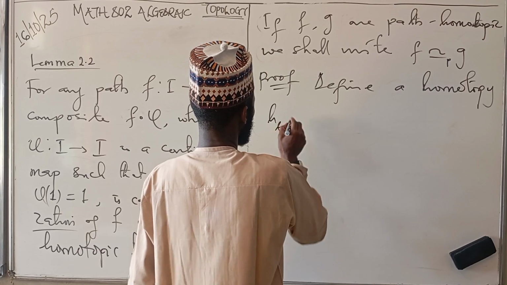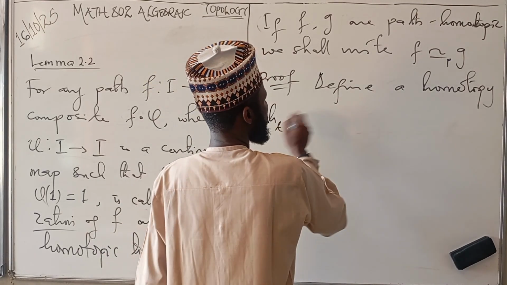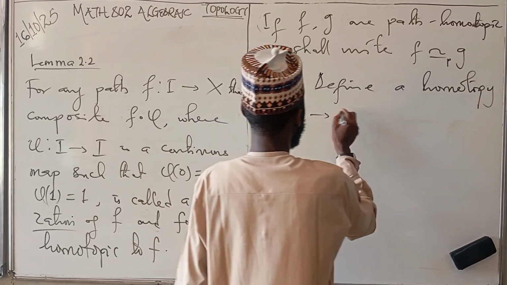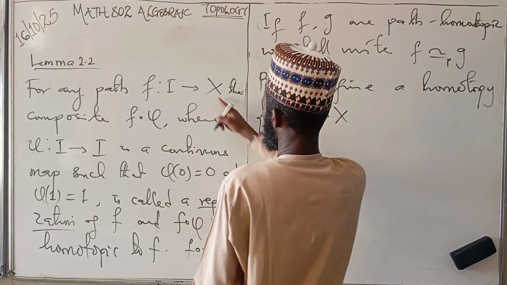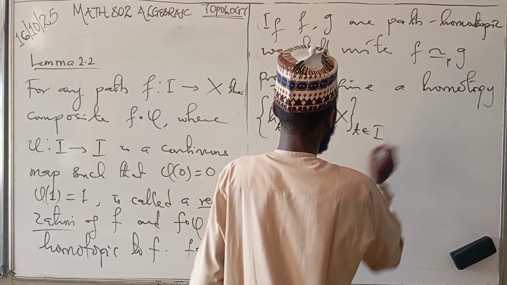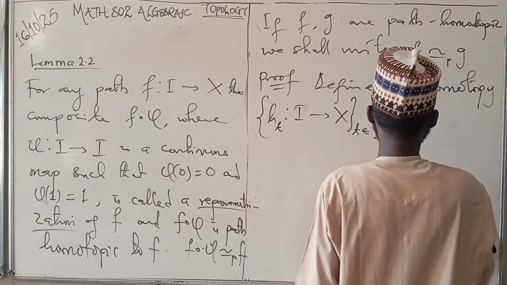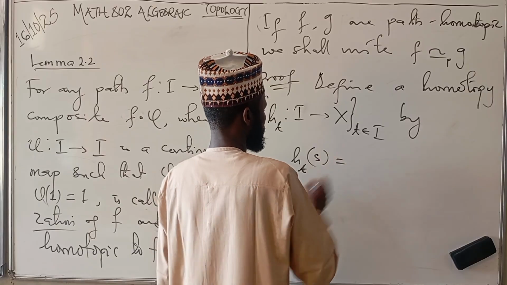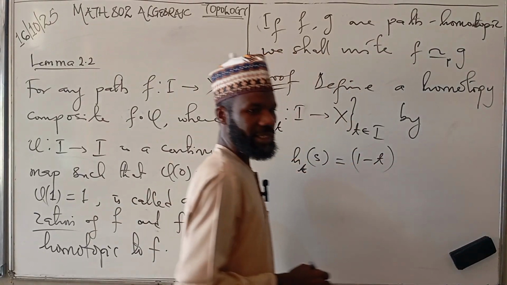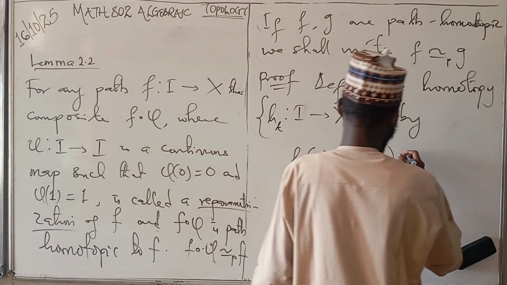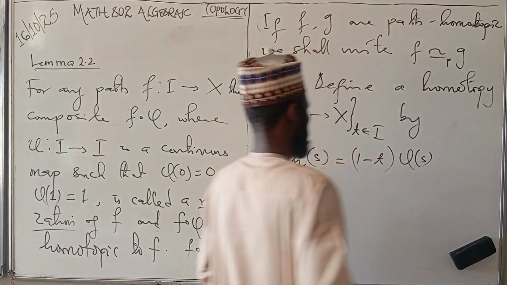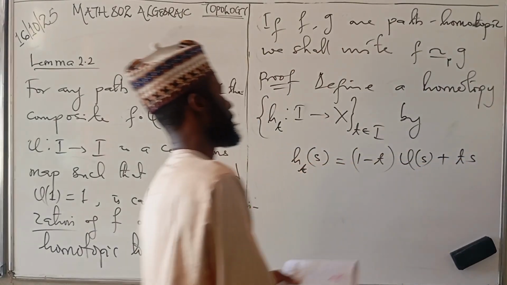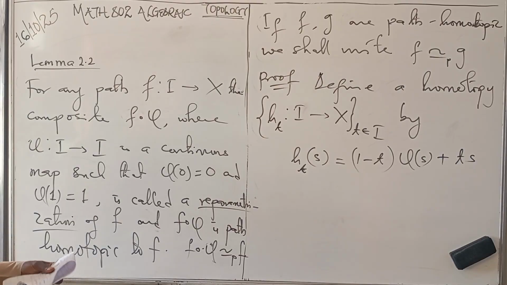Let me call it H of t, a family of paths into X. We define it by H_t of s equal to 1 minus t, like the linear homotopy, phi of s plus t s.